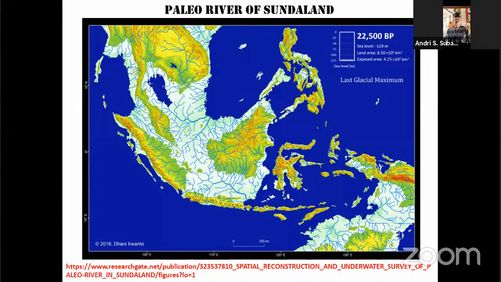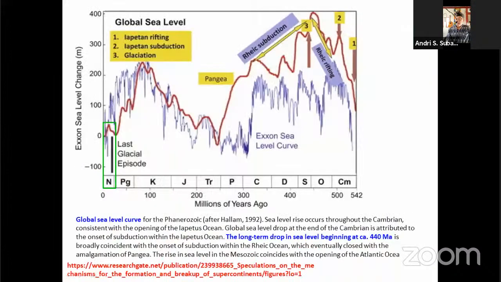These heavy minerals were deposited in the valleys of the rivers and channels, and it has now become the seabed of the Karimata Strait. This is the opportunity to explore more in the Sunda Shelf, because it is a very large valley that may have seabed mineral deposits.